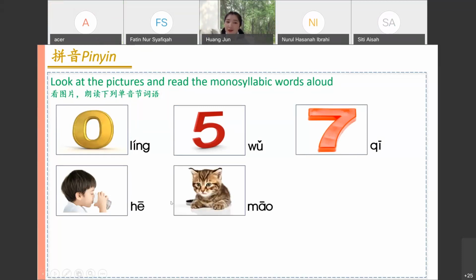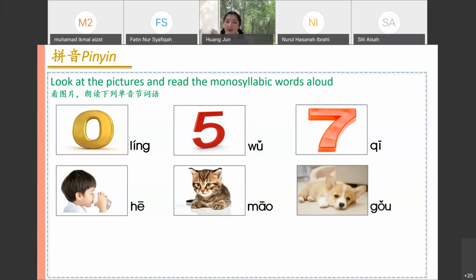This one? You already said for the tone, right? Cat, mouse. Read it in a longer voice, okay?